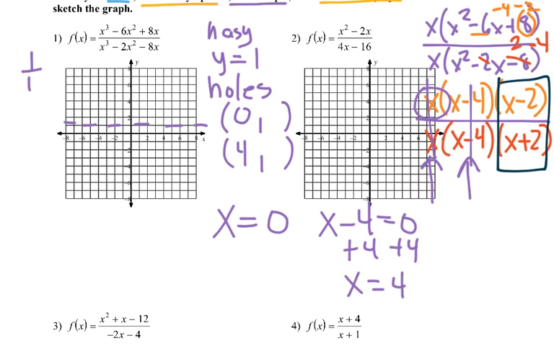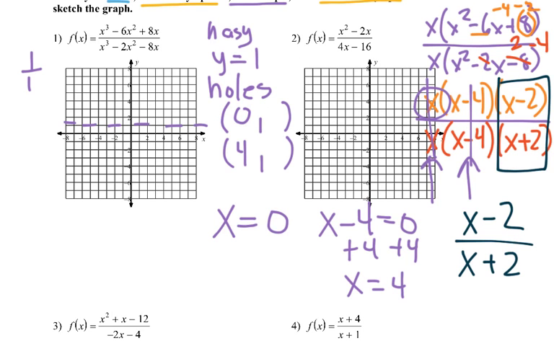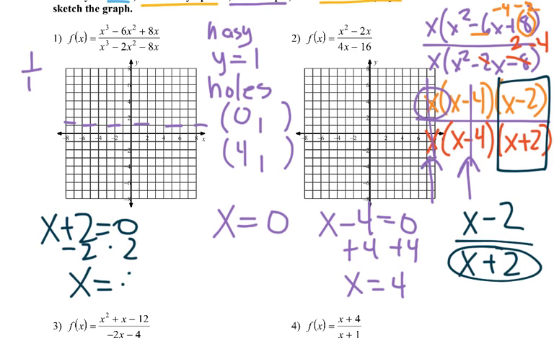What's left over is x minus 2 over x plus 2. Now what we need to find are the vertical asymptotes. To find the vertical asymptote, you take the bottom and set it equal to 0. So x plus 2 equals 0, which gives me x equals negative 2. That means I have a vertical asymptote at x equals negative 2.